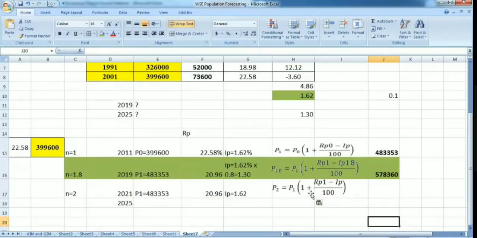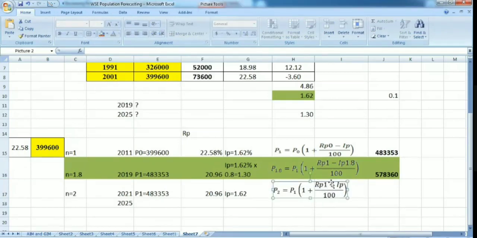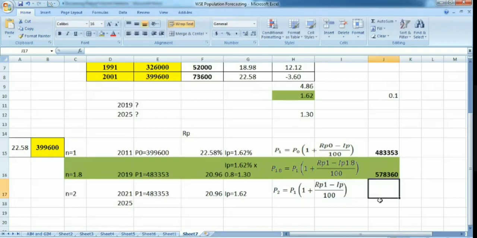Now, how will I calculate the P2 value here? The number of decades is n equal to 2. That means P2 is equal to P1 multiplied by 1 plus RP1 minus IP, divided by 100. So I'll consider 4,83,353 as the P1 value multiplied by 1 plus, what is the RP1 value?